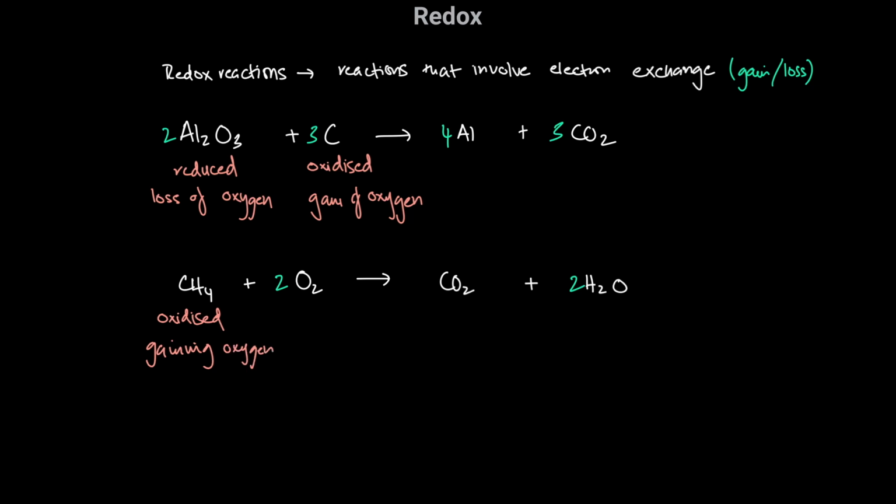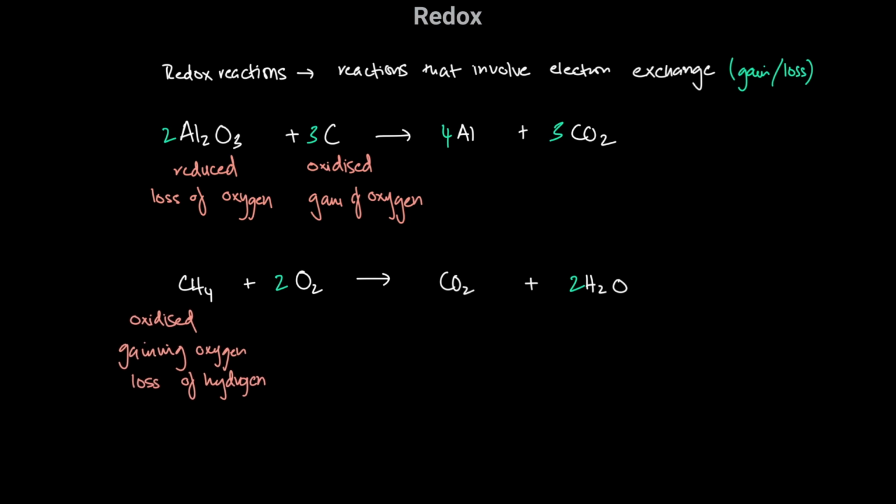Another way of looking at it is that methane is losing hydrogen. Whenever you're losing hydrogen, that is also referred to as oxidation. So since methane is losing hydrogen, we can say that it's undergoing oxidation.